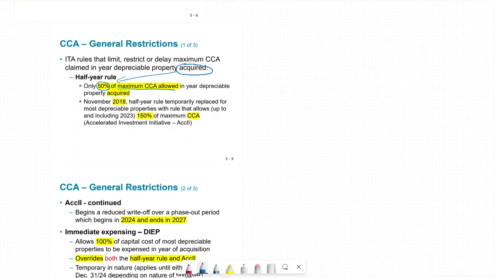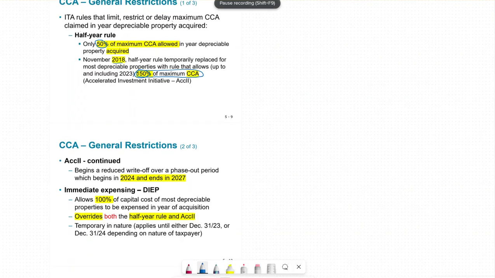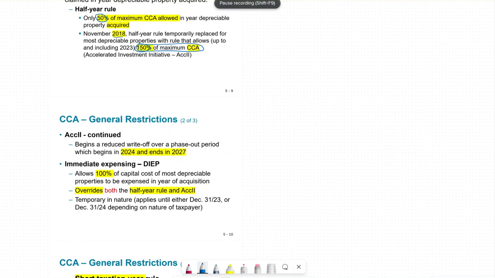Now, the half year rule was temporarily replaced. We used to only have a half year rule, and when COVID happened, the government allowed 150% of the maximum CCA. So the 50% changed to 150%, and then this rule is also going away, ending in 2027.